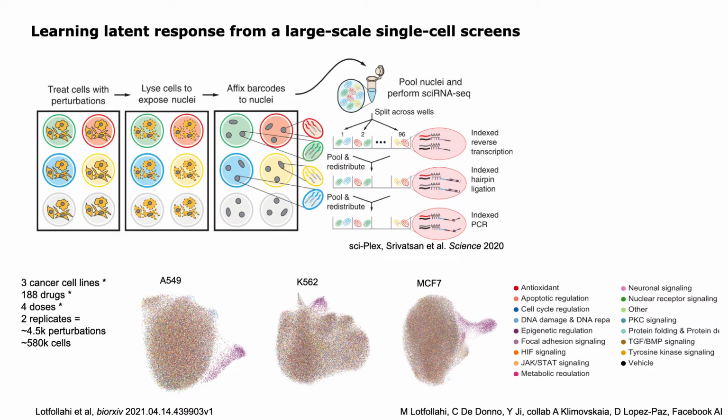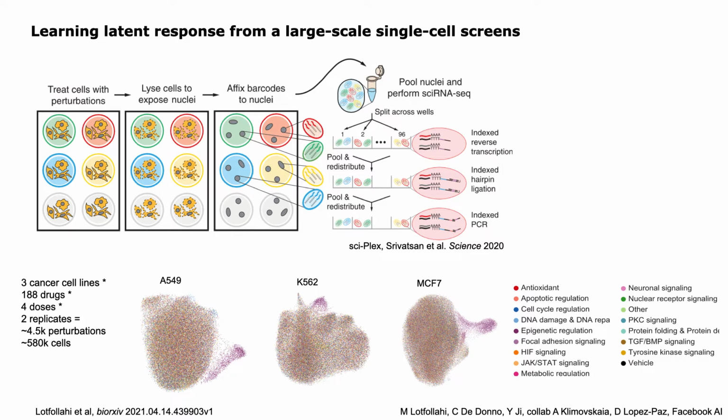I'll show you an example of the first application, where we tried our model on a large-scale high-throughput single-cell experiment from the Sciplex lab, with 3 different cell lines and 188 drugs in 4 different dosages, with close to 500,000 cells. This is the UMAP of the original data, colored by the different mechanisms of drugs. Most of the drugs are mixed except one epigenetic drug.